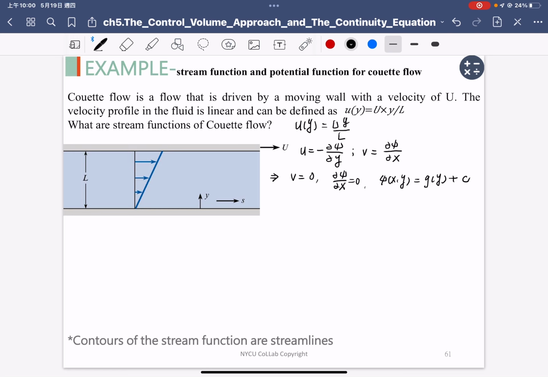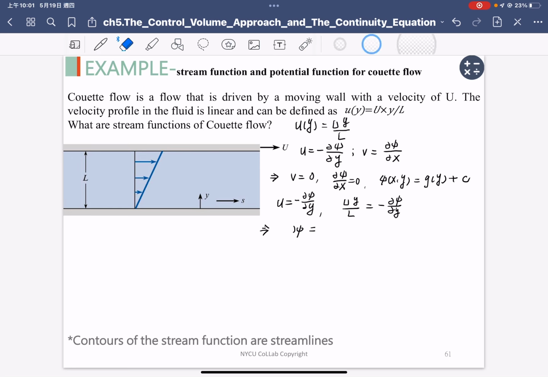And for the second condition, we know that u is equal to minus dpsi/dy. We have the u function already, so U y divided by L is equal to minus dpsi/dy. So we can rewrite the equation.